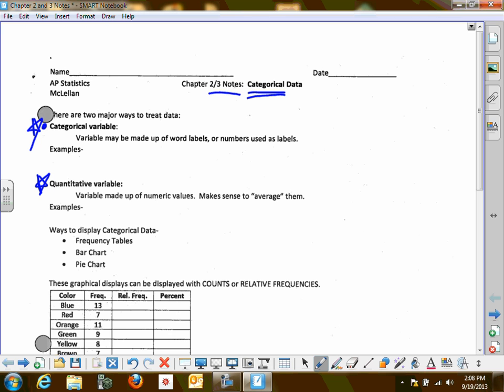Because the math you do for a categorical variable is different math than you do for a quantitative variable. So they are two totally different tracks.